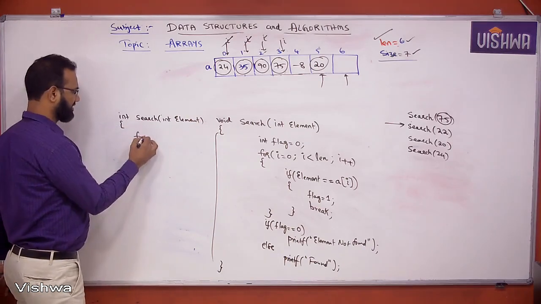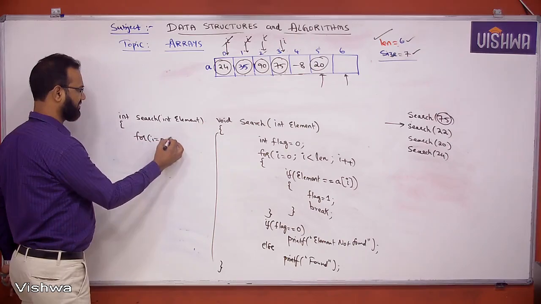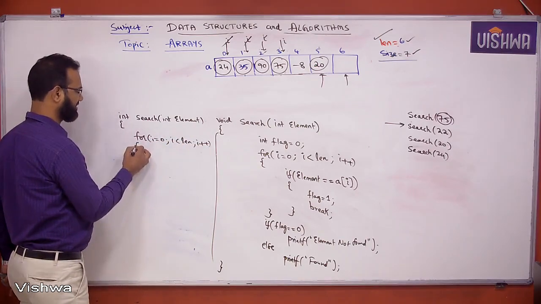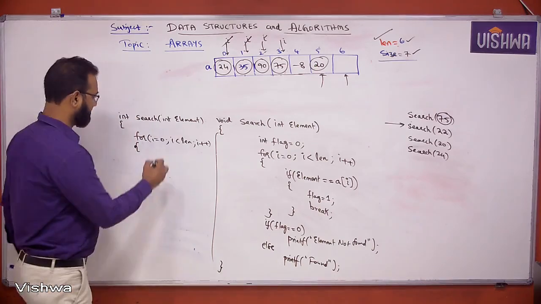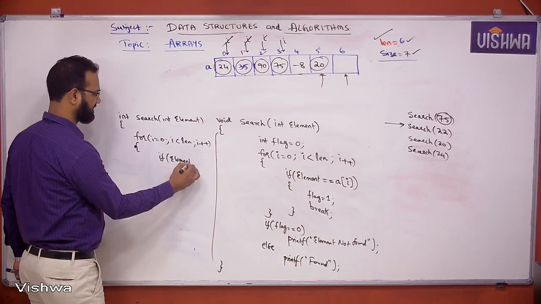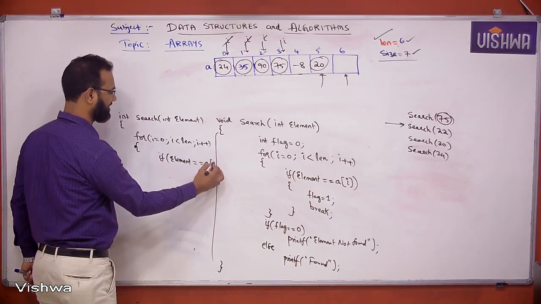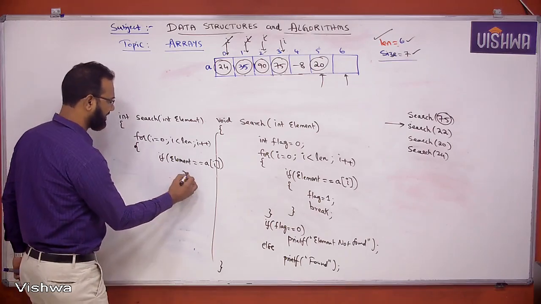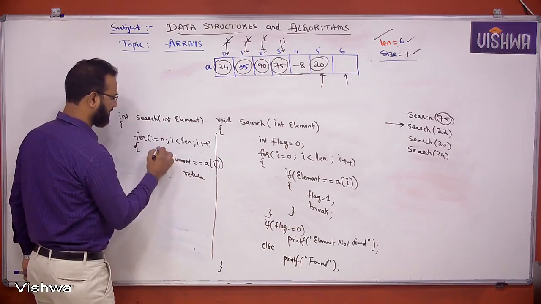Same for loop, I'll start it. For i equals 0, i less than length, i plus plus, I'll continue my search. If there is a match here, say for example, if the element we are searching matches with any one of the elements here, what should I do? Simply return that particular position.